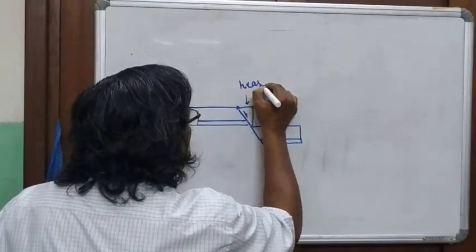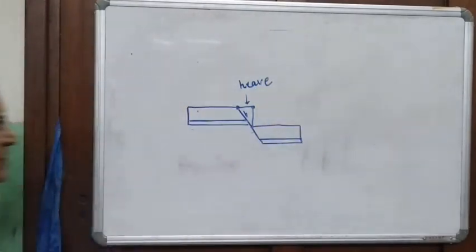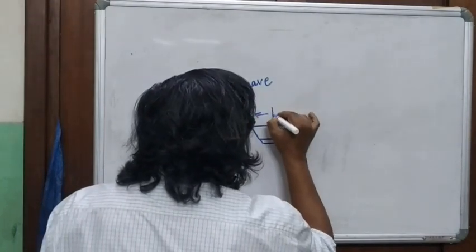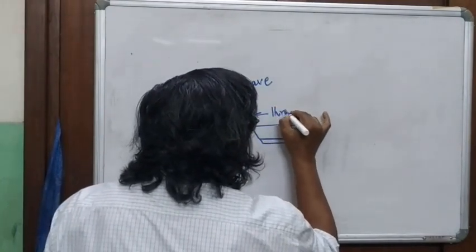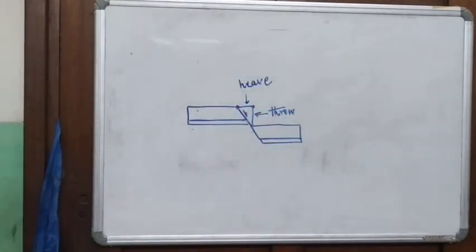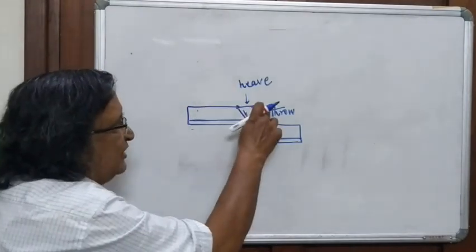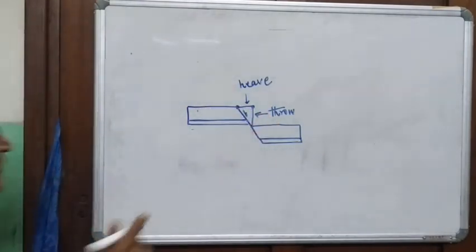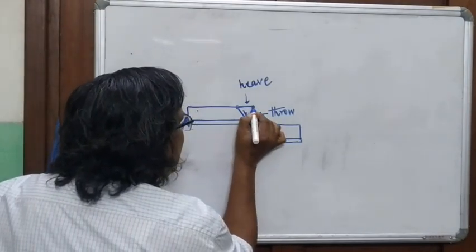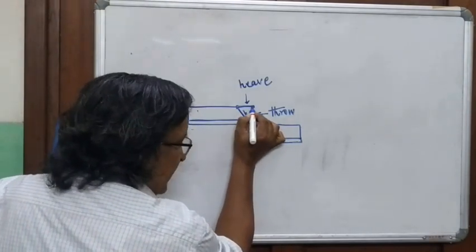This is called heave. And this is called the throw. So these two terms are very characteristic of faulting. Heave and throw. Heave is the displacement on a horizontal plane. Have you understood?